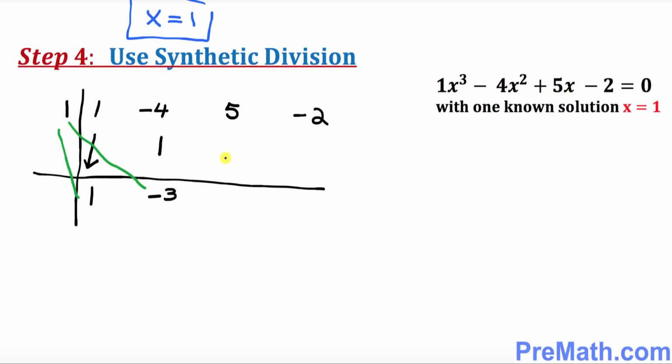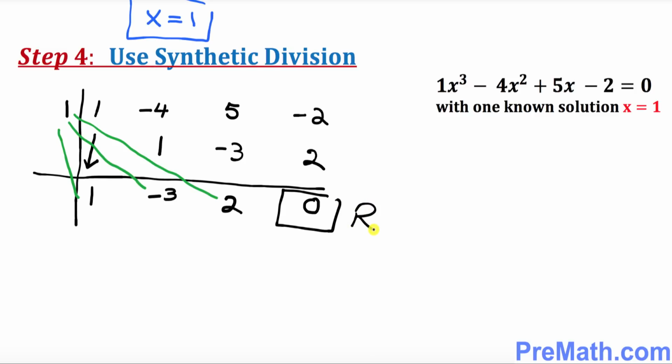That is -3 times 1 is -3. You just put it down over here and add them up, which is 2. Once again, multiply 1 times 2, which is 2 right up here. -2 plus 2 is 0. So 0 is our remainder.